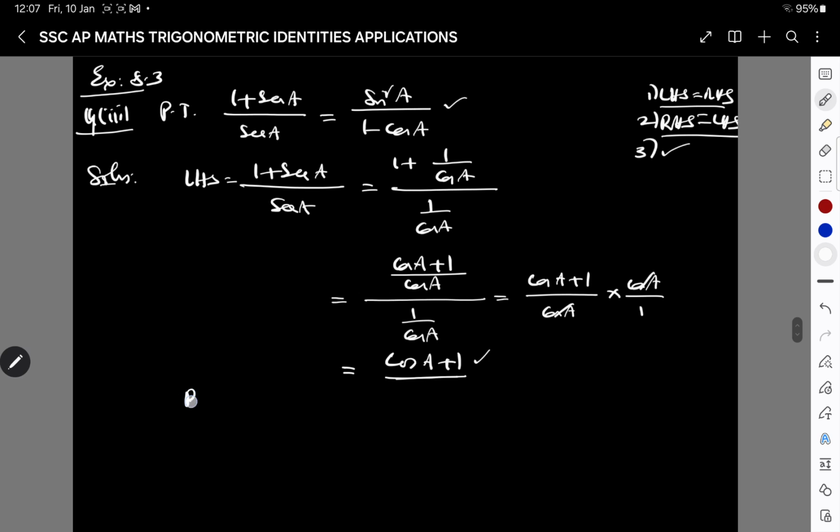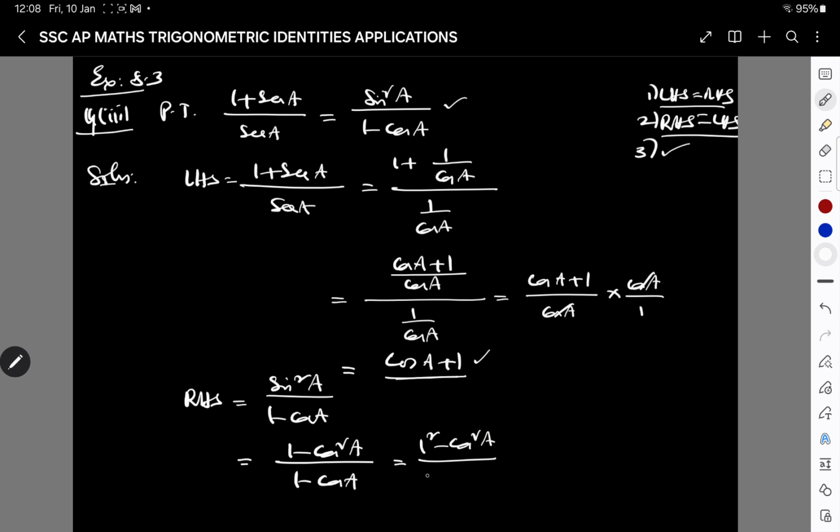Now take RHS. RHS is given as sine square A by 1 minus cos A. This is equal to, sine square is 1 minus cos square A, by 1 minus cos A. 1 minus cos square is 1 square minus cos square, where you can apply A plus B into A minus B. So 1 square minus cos square by 1 minus cos is A square minus B square.